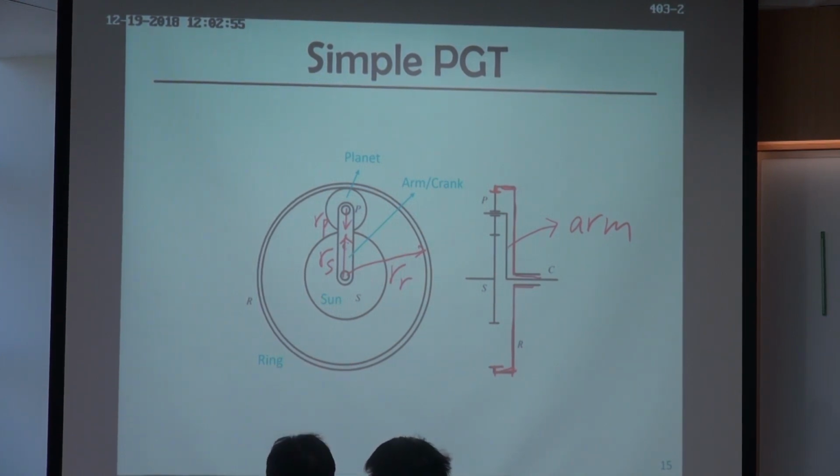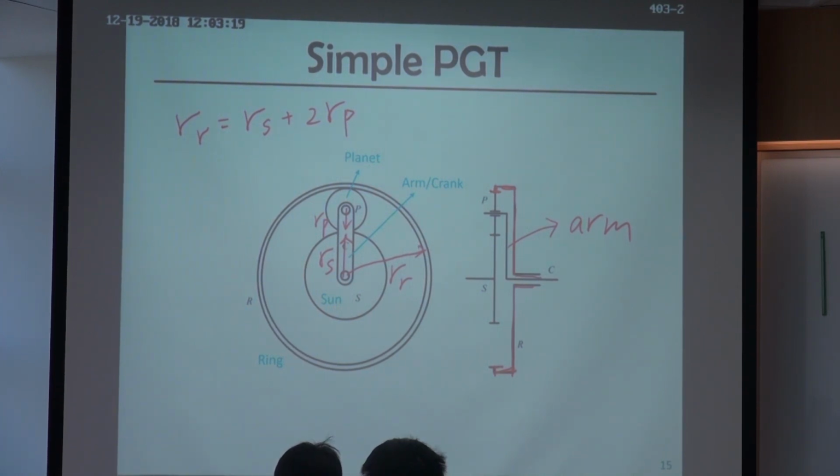If you take a look at these three parameters, they also need to satisfy an equation. That is, R, the radius of the ring gear, must be the same as RS plus 2RP. Yeah, according to the geometry, you need to satisfy this requirement.